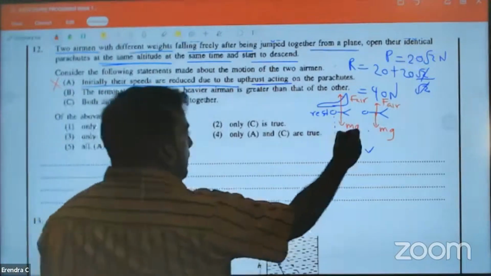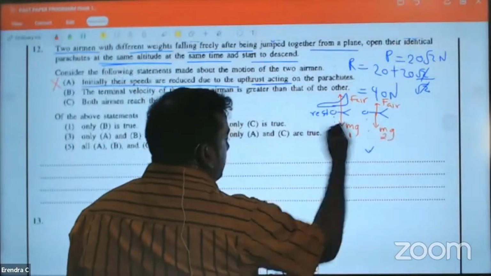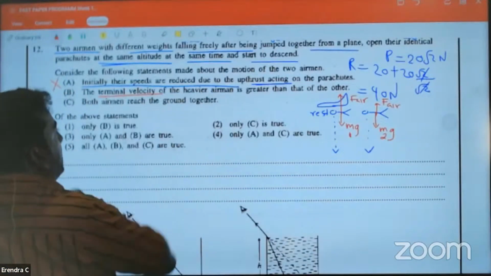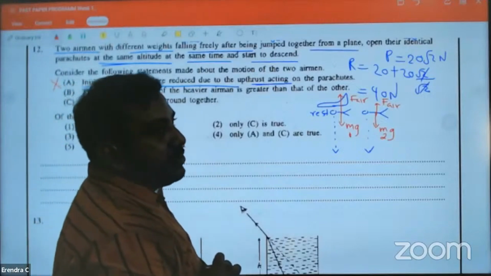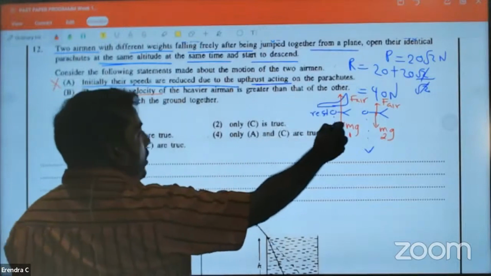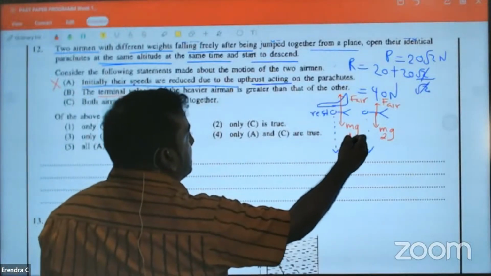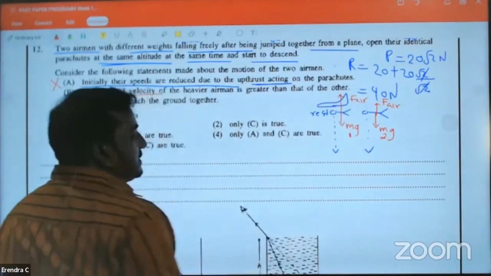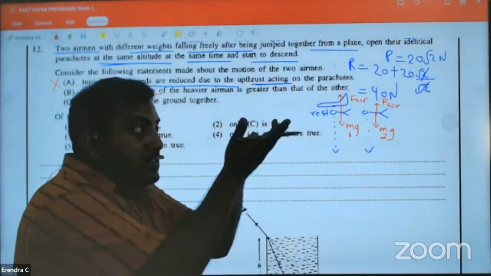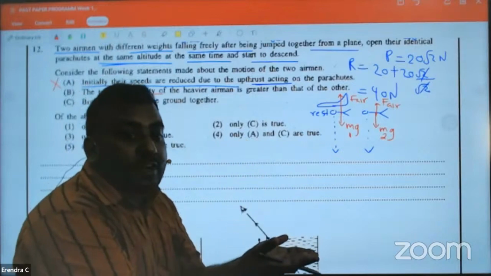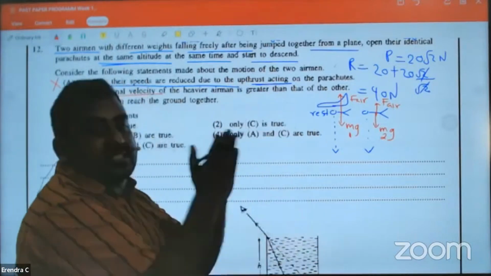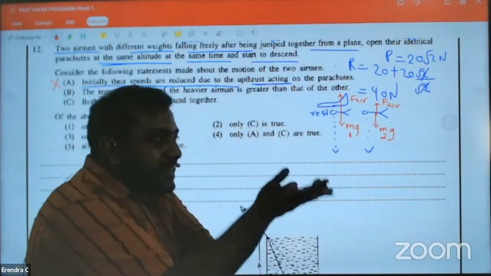Now they have different masses, m1, m2. Terminal velocity means upward forces balance downward forces. A larger downward force means larger resistance is needed, so it must fall some more to reach terminal velocity. Smaller force means lesser.